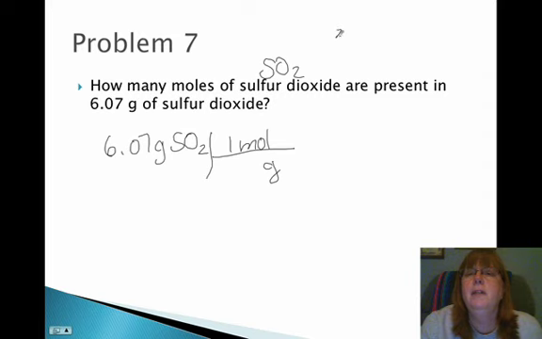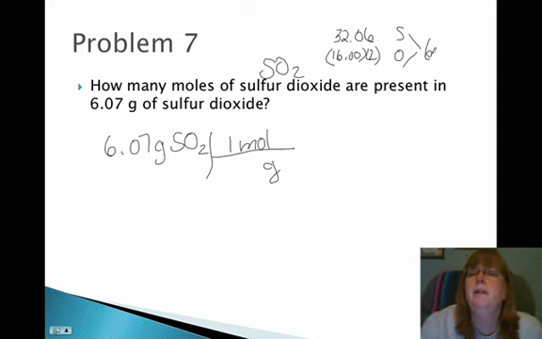And so we're going to do 32.06 for the sulfur, and we're going to do 16 multiplied by 2 for our oxygen, and we will get our molar mass of sulfur dioxide, and all of that equals 64.07. Now, again, we calculated it just like formula weight, but this time our unit is grams per 1 mole. That's our molar mass of sulfur dioxide.